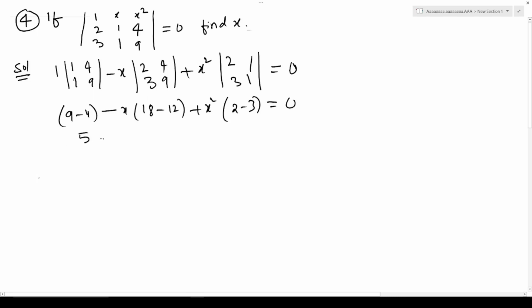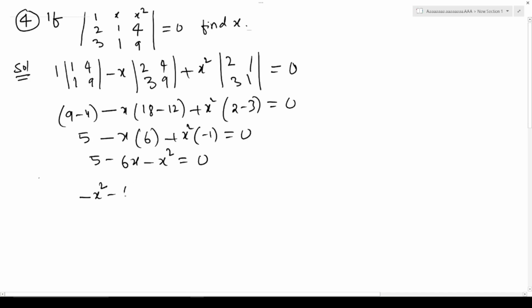5 minus x times 6 plus x square times minus 1 equals 0. So 5 minus 6x minus x square equals 0. Minus x square minus 6x plus 5 equals 0.